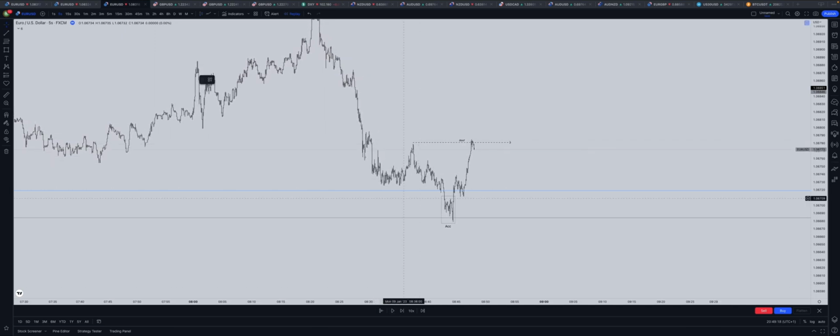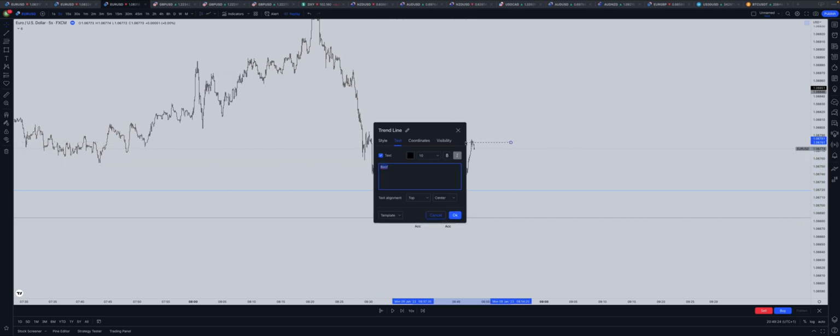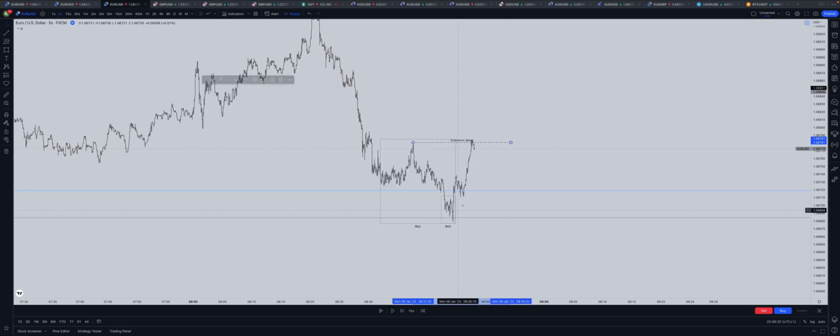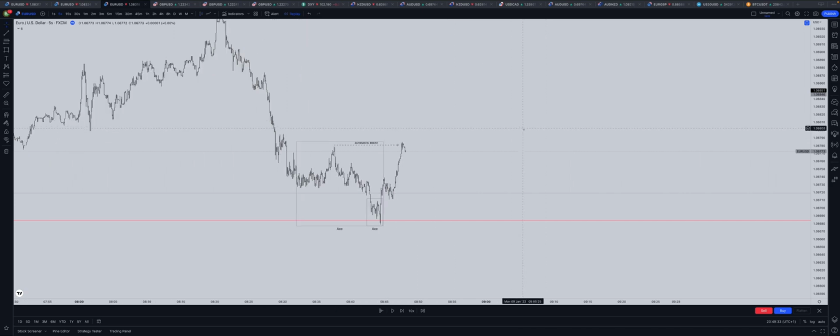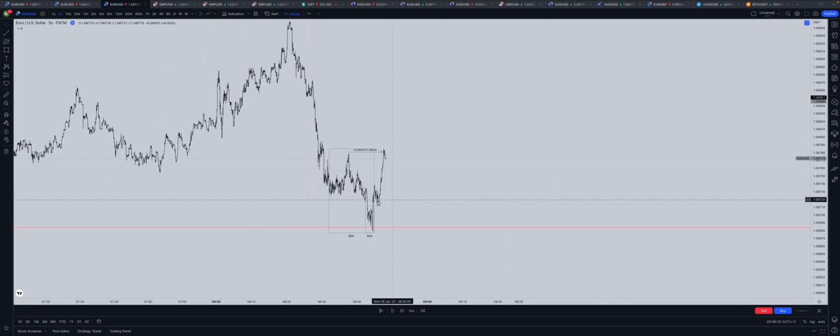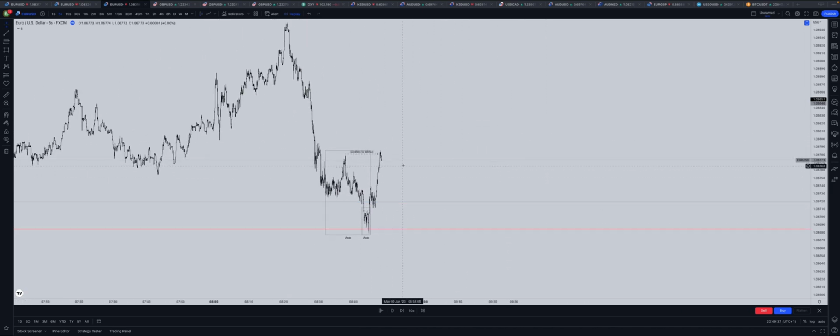So a few moments later we also broke that high, and we can see after the break we form another accumulation. So we have two schematics which broke. So we have a point of interest, we have two schematics.